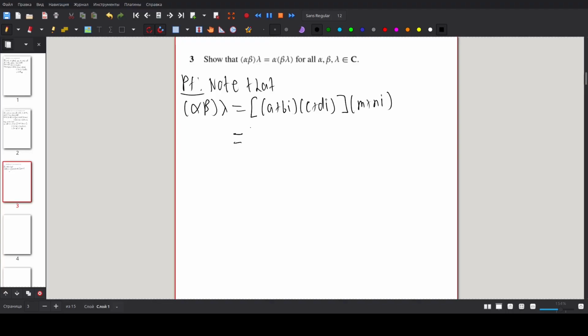Okay, so this is going to be, I'll use parentheses or brackets. This is going to equal (AC minus BD) plus (AD plus BC)i, all times (M plus Ni).